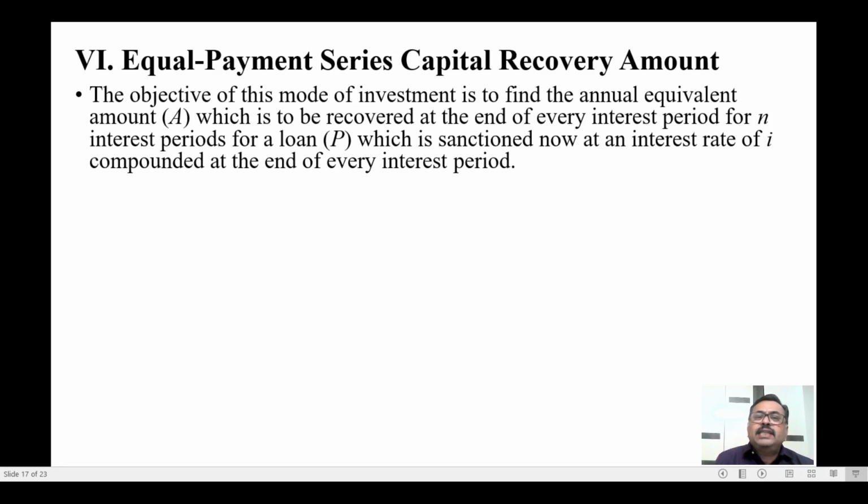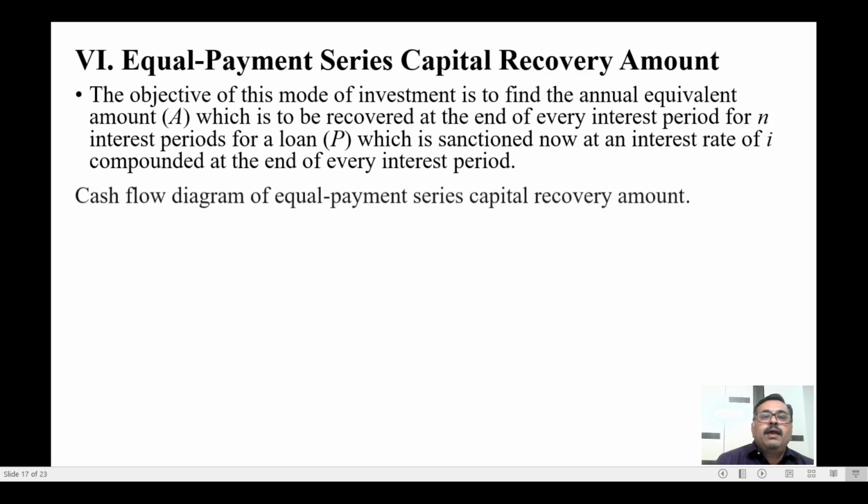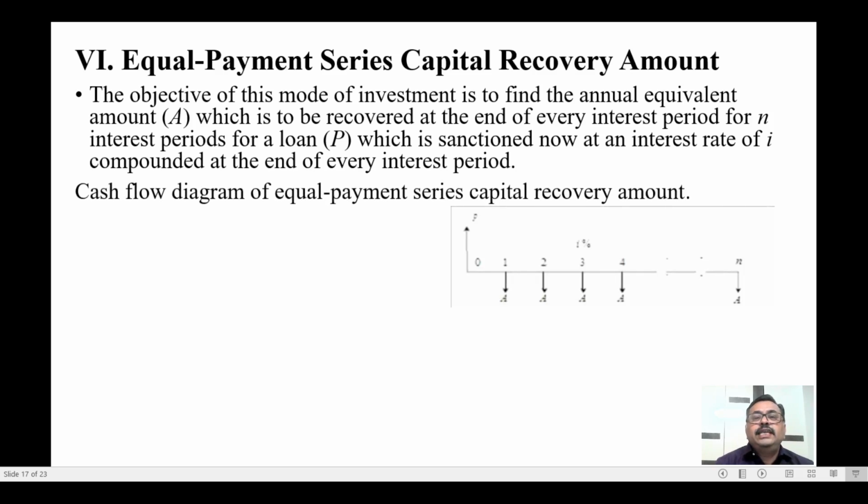That means I have given the amount now. I have given 10 lakh rupees to you. Every month, how much do you have to pay as an equal payment series, which is sanctioned now at an interest rate of I%? That is, with some interest rate compounded at the end of every interest period. The cash flow diagram you can see here.